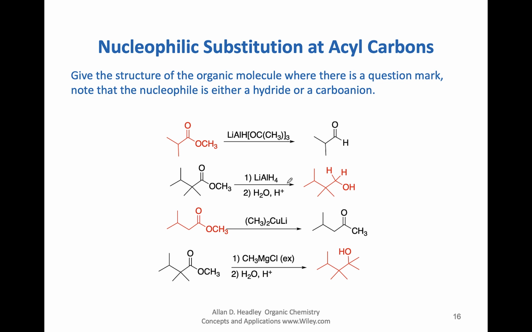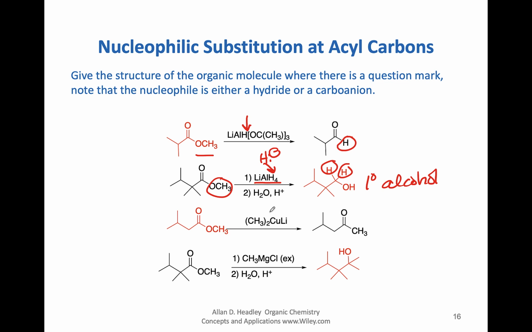So as it's not surprising, here's our ester, weak reducing agent, aldehyde. Stop at the aldehyde. Lithium aluminum hydride, strong reducing agent with H minus, 2 moles. Because it's very strong, this leaves to give a primary alcohol.